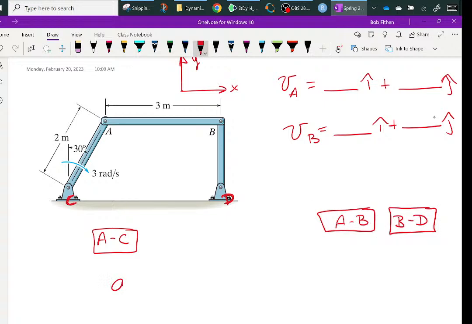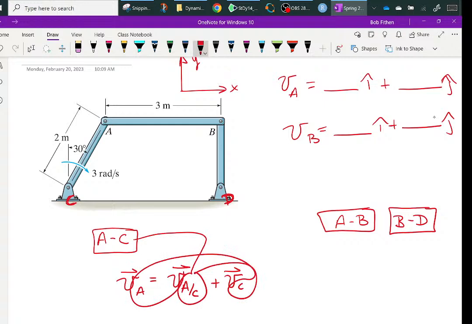I'm going to say the velocity of A is equal to the velocity of A relative to C plus the velocity of C. That's given the fact that these are on the same link, so I can write them that way. I cannot write this.